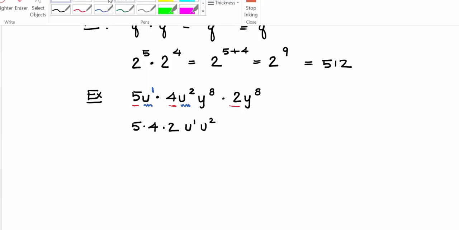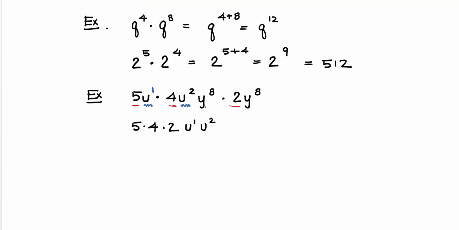And then I have some y's, so y to the 8th and another y to the 8th. So now I've just moved everything around so that my bases are close together.